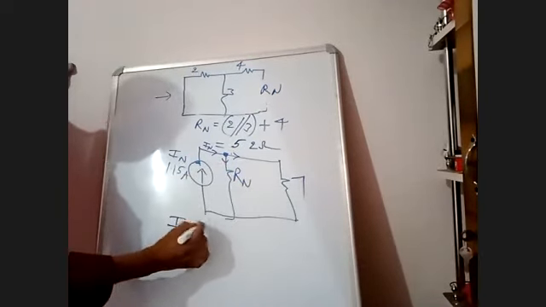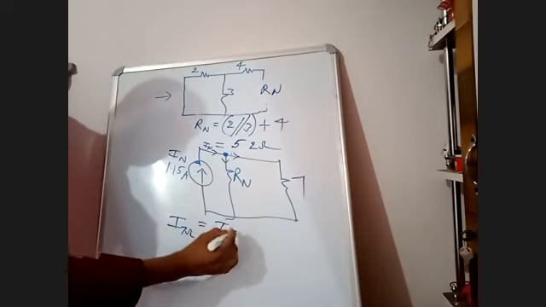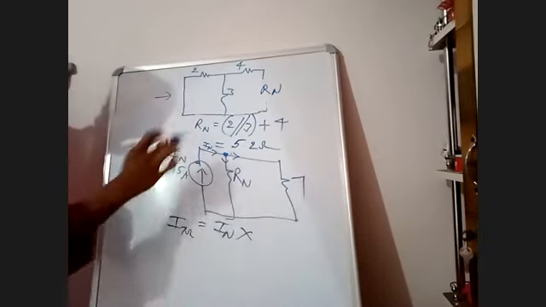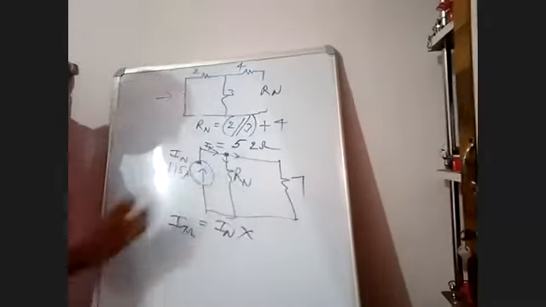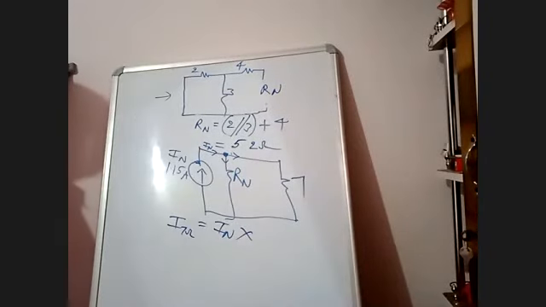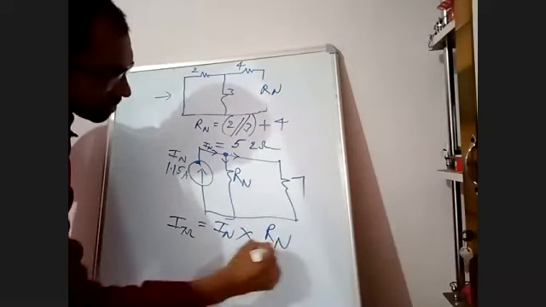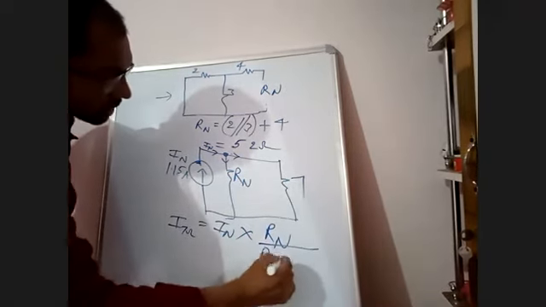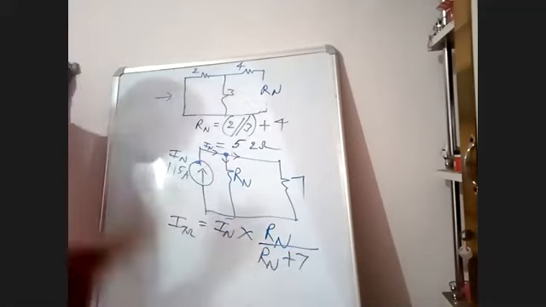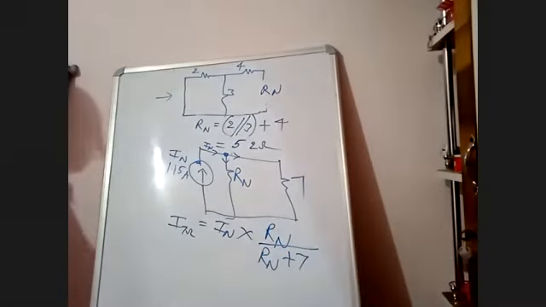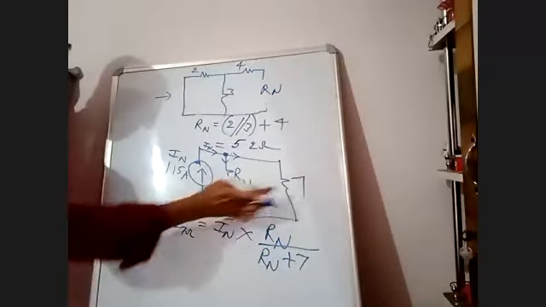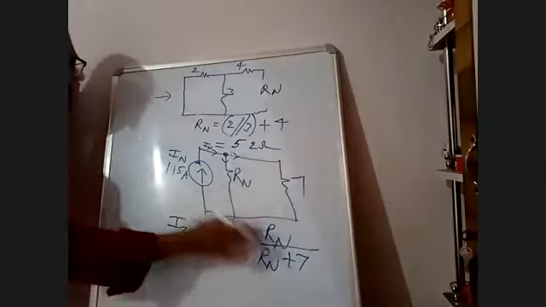Current in 7 ohm is equal to total current. Total current for these two branches is IN. What is the opposite branch for 7? Rn, 5.2. 7 and Rn are parallel, and in parallel, current will divide. For 7 ohms, the opposite branch is Rn.